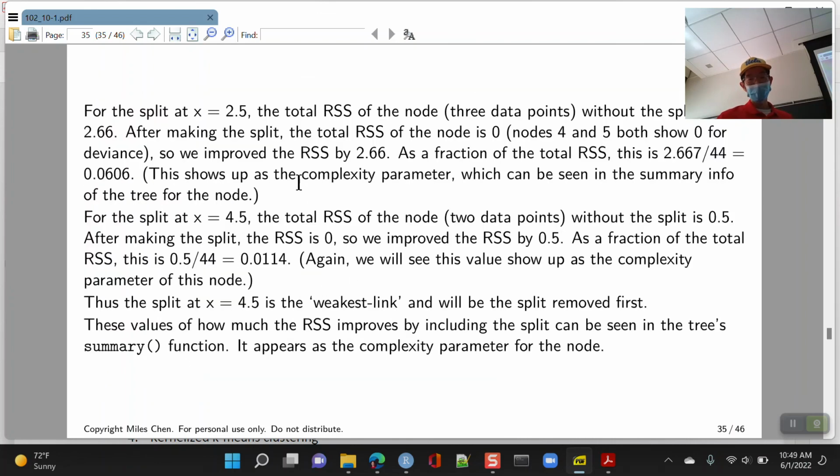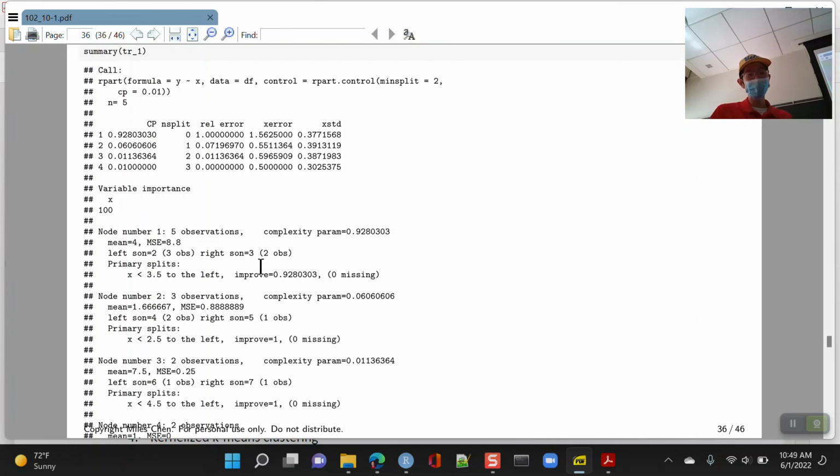And that shows up in our complexity parameter. 2.6 out of the total of 44 is around 6%. 0.5 out of a total of 44 is around 1%. So we're going to see these numbers 0.0606 and 0.0114, indicating how much of the error is reduced.